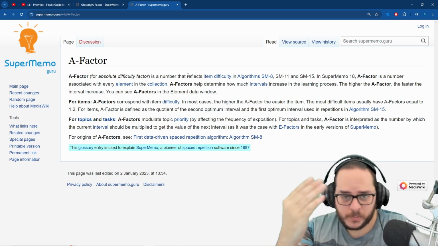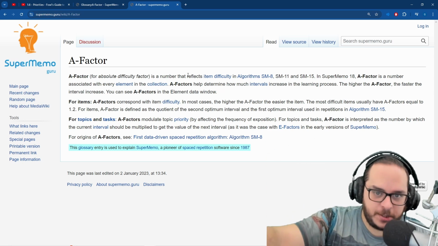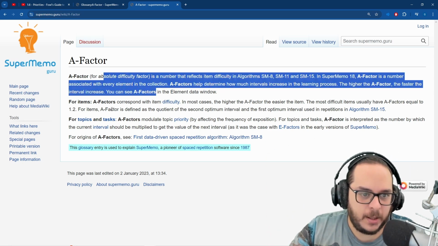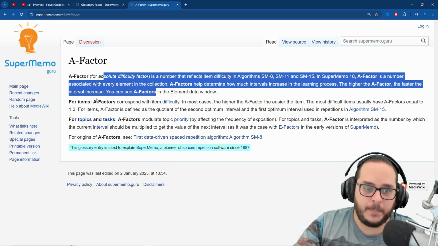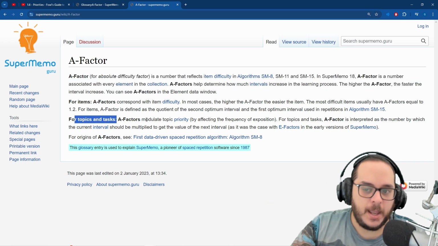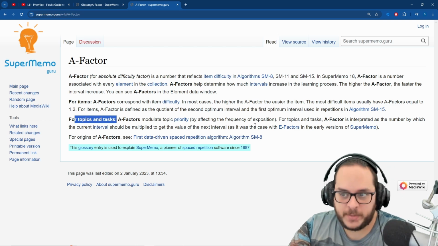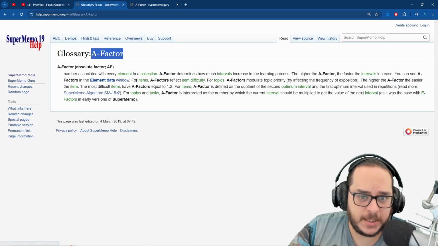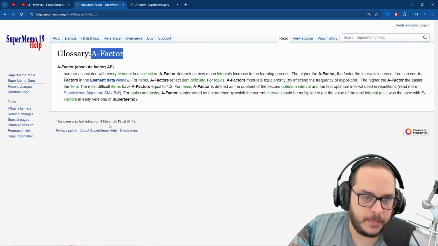So first, I have multiple definitions of A factor. Because it's one thing, but then depending on the element type, if it's an item, or topics and tasks, it's a different thing. On top of that, I have another website that also differentiates items from topics, but they are not the same words.